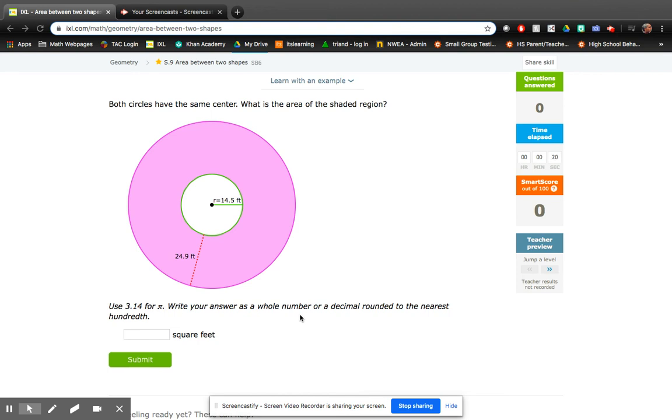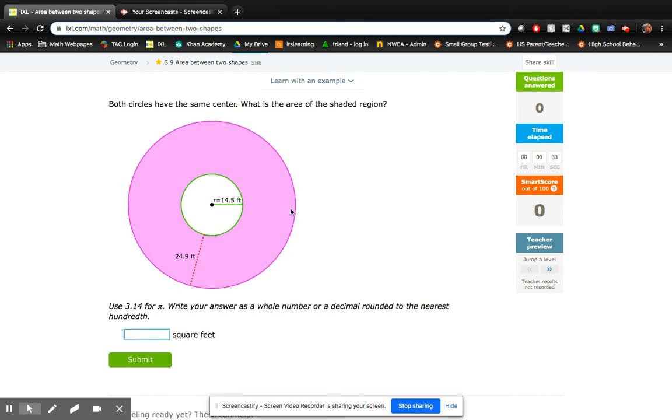Okay, we're going to be looking at IXL S9, which is the topic 3 assignment. And in the video, I talked about this being kind of like donut area, where you find the area of the entire donut and then you take away the donut hole, okay? And that would leave you with this pink region.